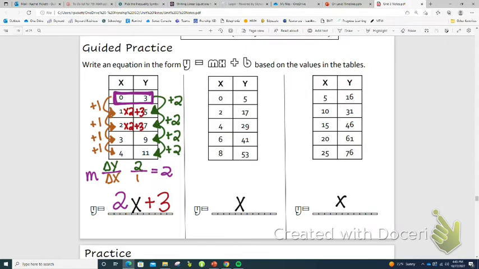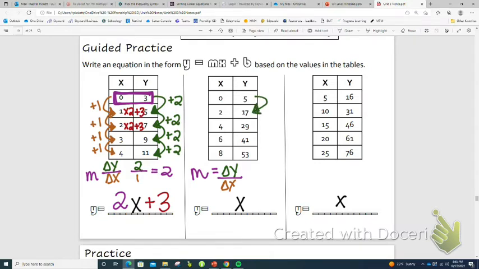So let's look at the next one. First, we do need to figure out m, our slope. And m is equal to the change in y over the change in x. So to find how y changes, we need to add or subtract.